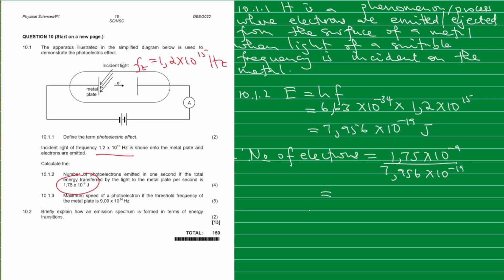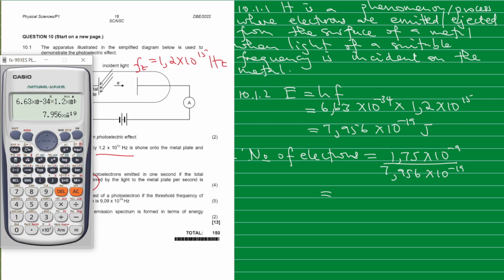Let's punch that in: 1.75 times 10 to the power negative 9, divided by 7.956 times 10 to the power negative 19. And how much do we get there?